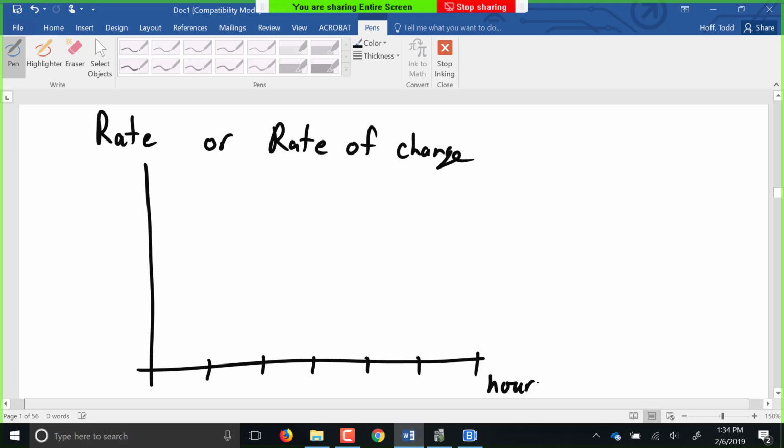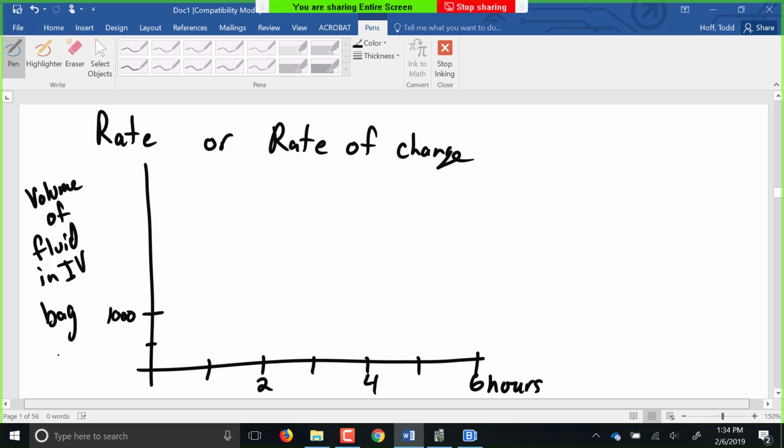Again, this being labeled hours, and the volume of fluid in an IV bag, we'll label this in milliliters.